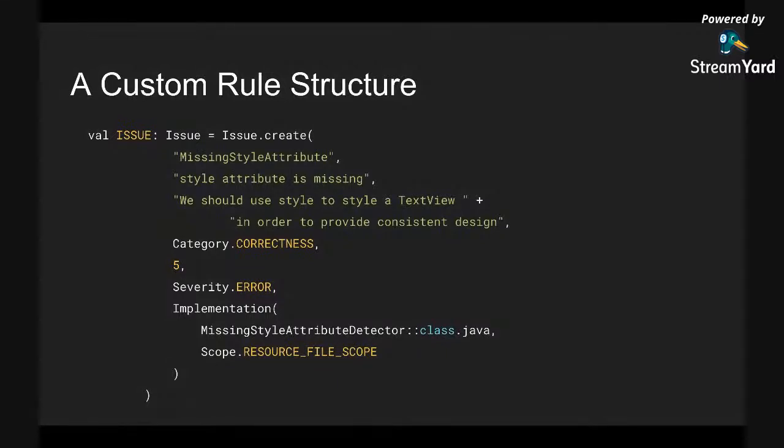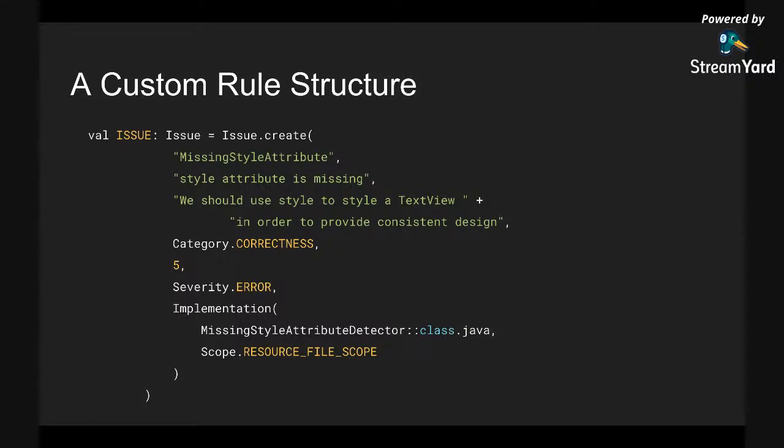So let's take a look at the custom rule structure. At the core of your structure, you have something called an issue. This issue is the one that is connected to your issue registry. So this becomes a core part. This is the way you create an issue. I'll be going step by step through each of the parameters.